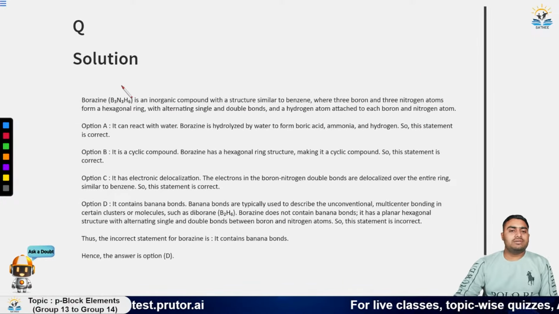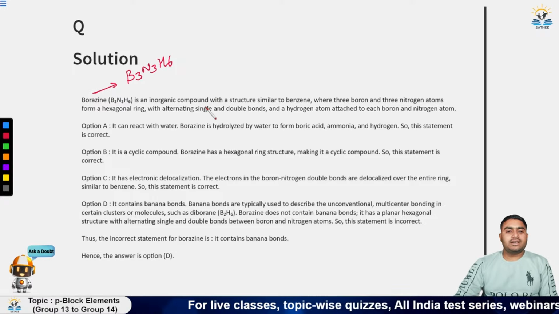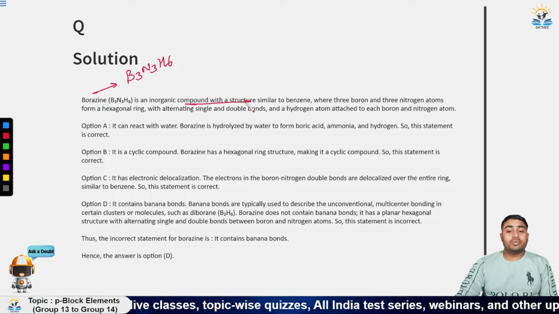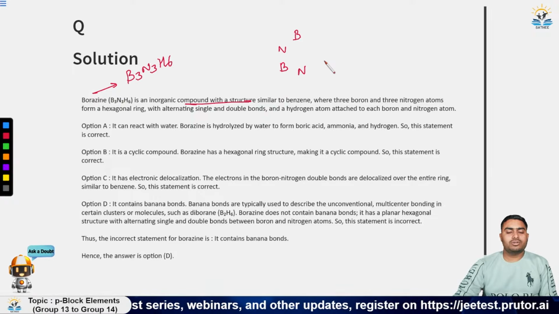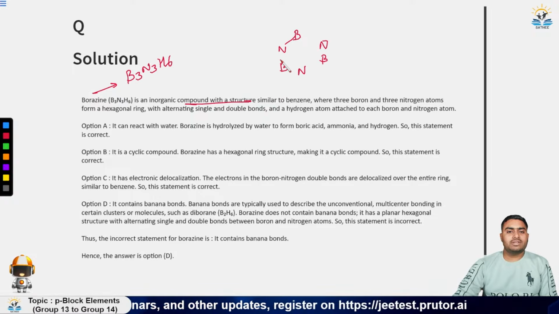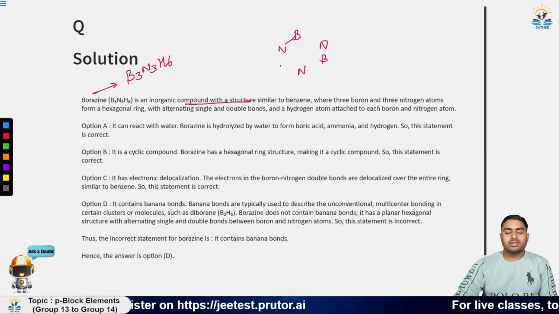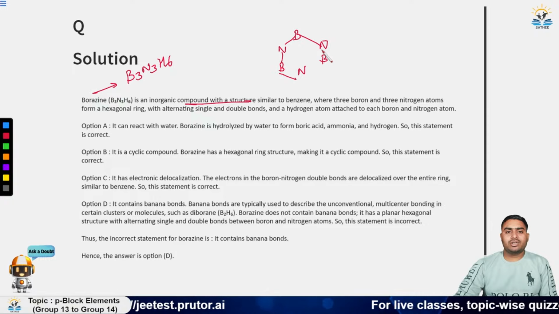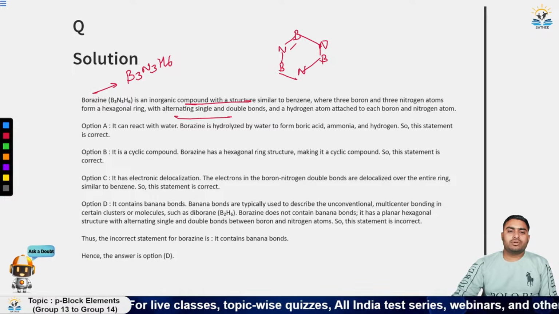So you can see borazine formula is B3N3H6. It is an inorganic compound with a structure similar to benzene. 3 boron and 3 nitrogen atoms form a hexagonal ring: boron, nitrogen, boron, nitrogen, boron, nitrogen. You can see they form a hexagonal ring with alternating single and double bonds: double, single, double, single, double.